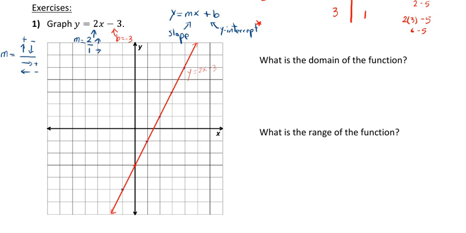And now we have here the question that says, what is the domain of the function? So the domain are the values of x. The values of x are here on the x-axis. And as you can see, the arrows on both sides of the line show that it is infinite, which means that this could extend forever on the left side and on the right side.